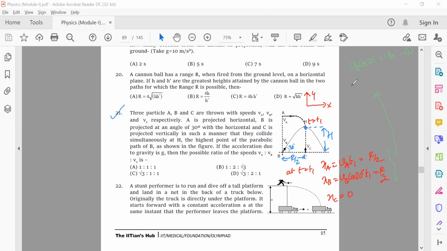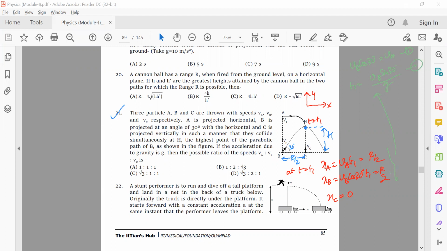And we'll get that T1 is actually 2 VB sin 30 by g, I mean, half of this. So basically, let's get this equation, because it's equal to R by 2.